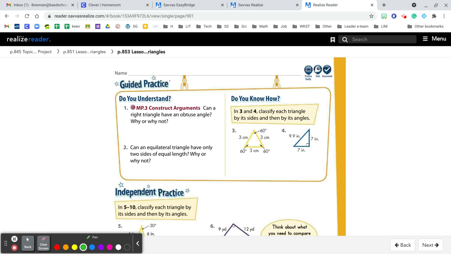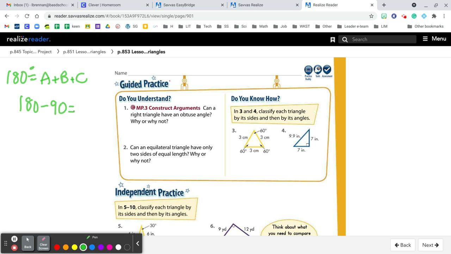So the sum of all angles of a triangle, angle A, angle B, and angle C, is always going to equal 180 degrees. Can a right triangle have an obtuse angle?